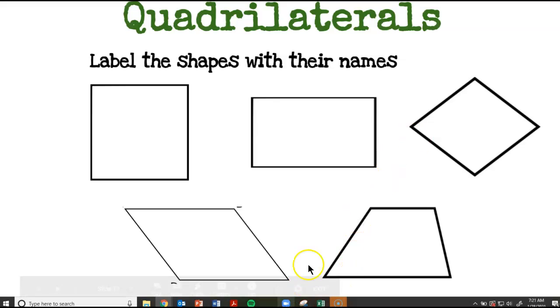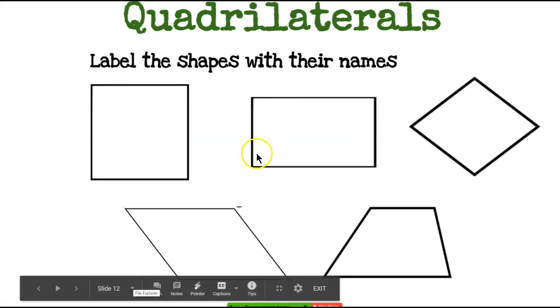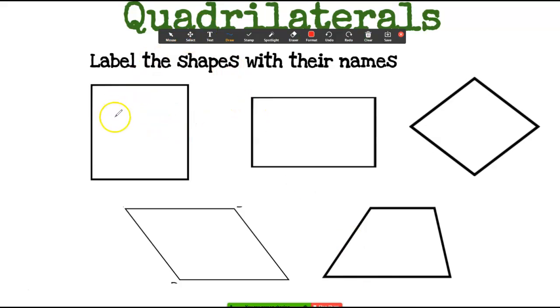Okay, so a few of these we've already talked about. So here we have a square. We talked about a square. We know this is a square because all of the sides are the same.